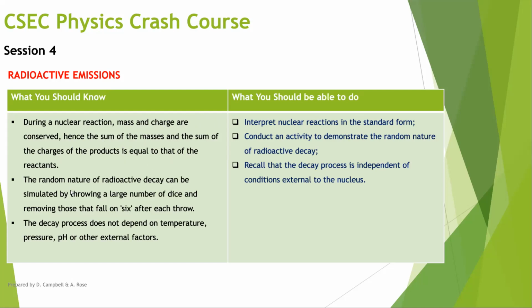All right. How can you show that the decay process is random? The actual radioactive decay is a random process in that it is not known which atom will decay or when it will decay. But it is certain that after some time, some atoms will decay.